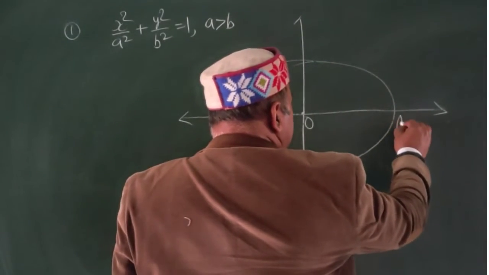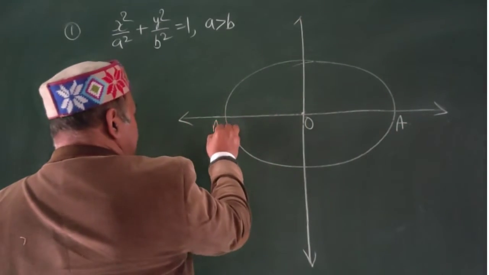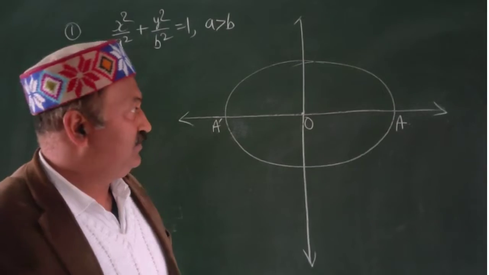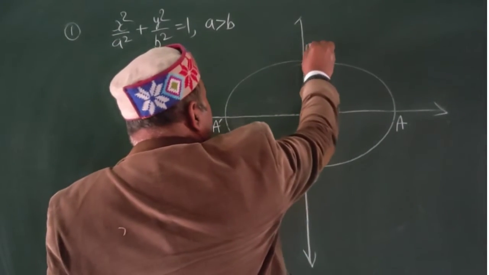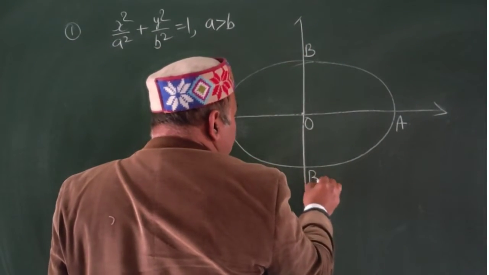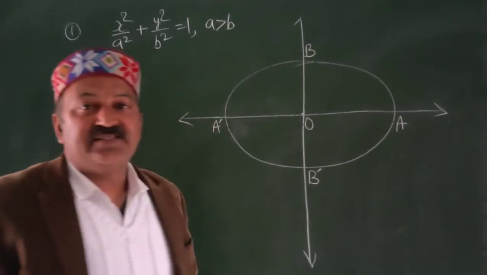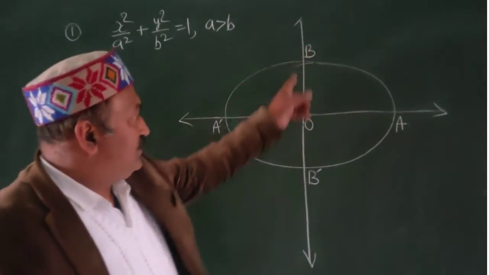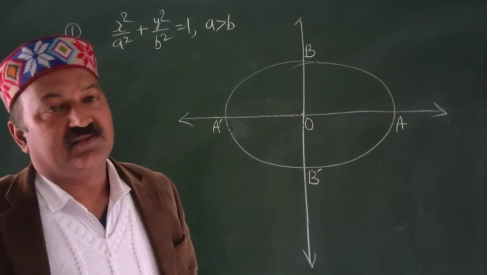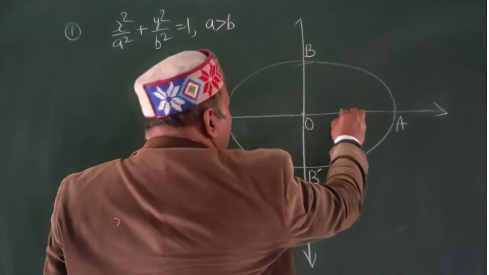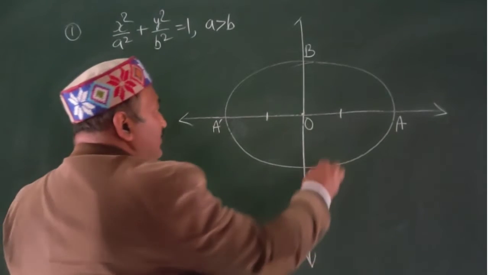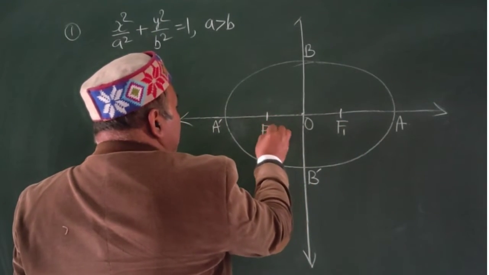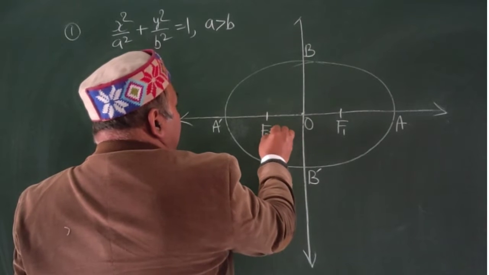and this is vertex A dash. These are the vertices of the ellipse, and these are the end points of the minor axis. This is the major axis and this is the minor axis. And these are the foci, two foci, F1 and F2.